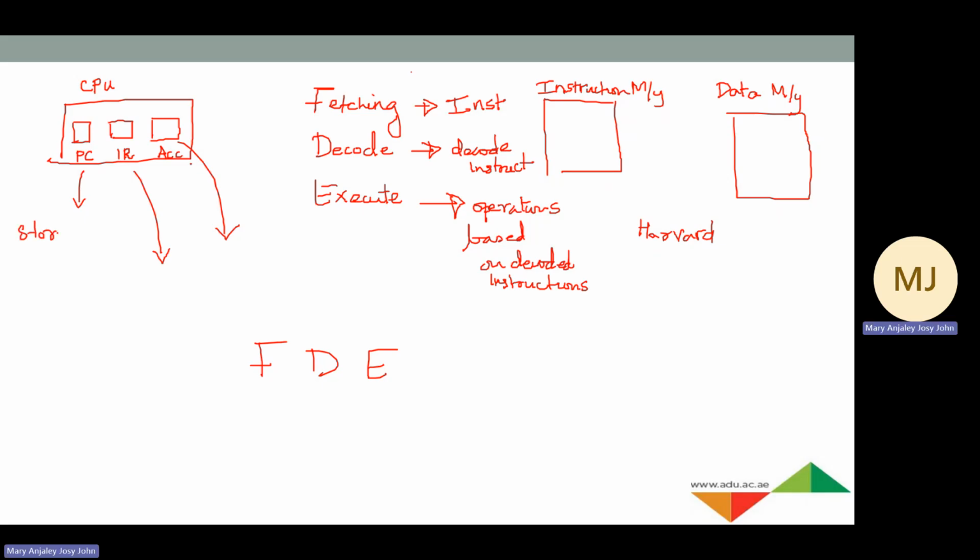It stores the address of the instruction memory. Who would be referring to the instruction memory? Who will know where to go? The PC. PC stands for program counter. It's not the personal computer, it's the program counter.